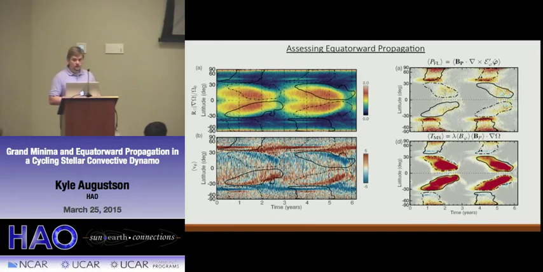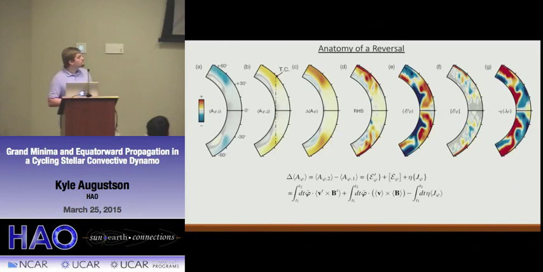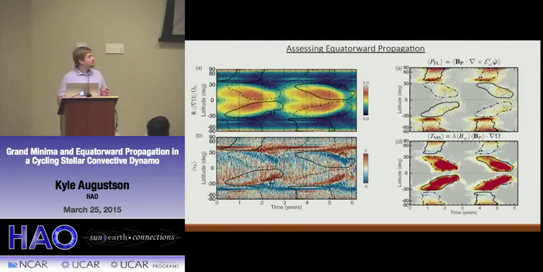However, the meridional circulation is of the opposite sign of what you need to get it to propagate towards the equator. And basically, this is just a gyroscopic response to the changes in the differential rotation arising from Maxwell stresses. So the basic idea is that equatorward propagation arises from Lorentz force feedbacks, period.